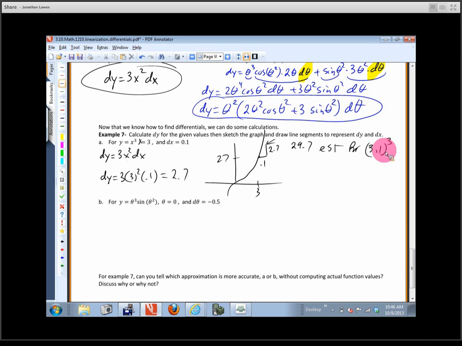What is 3.1 cubed? Throw that in your calculator. Okay, so here was the estimate for how much it changed. So this is what we'd estimate for the function value, and this is the actual function value. How much are we off? That's the error.